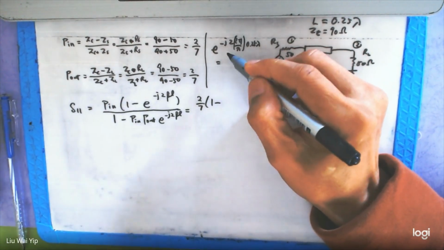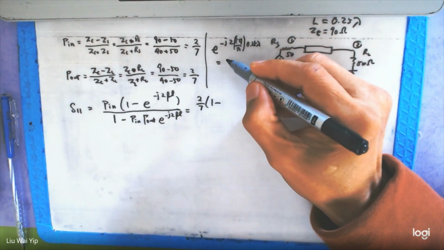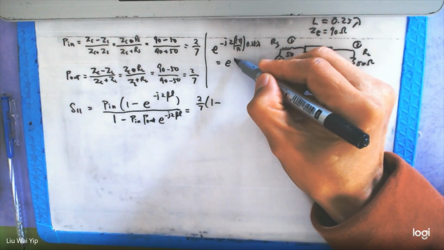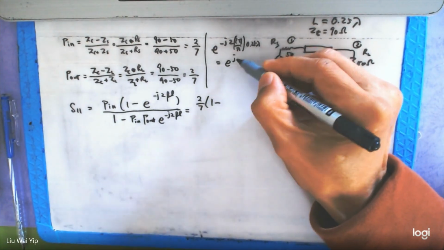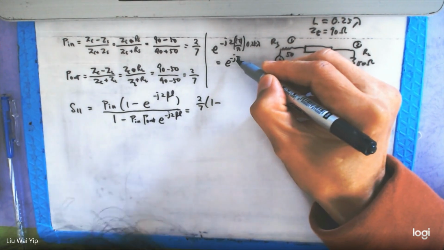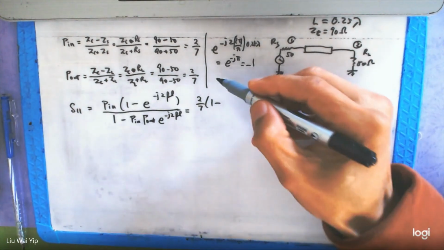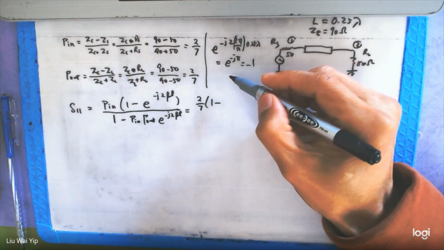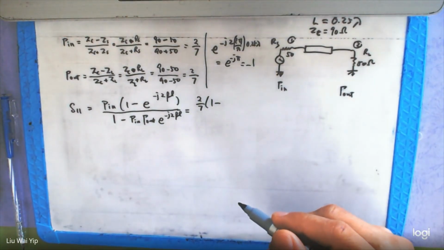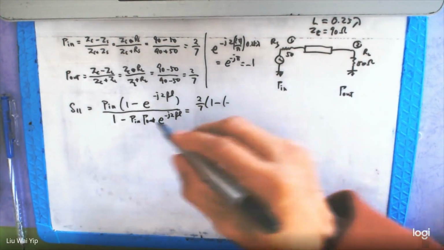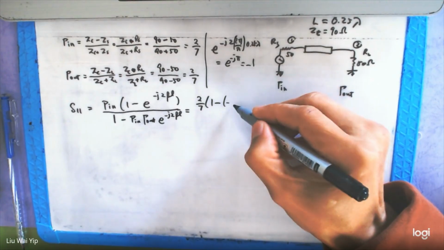If you work out carefully, this is going to be e to the minus j pi, which is going to be minus 1.